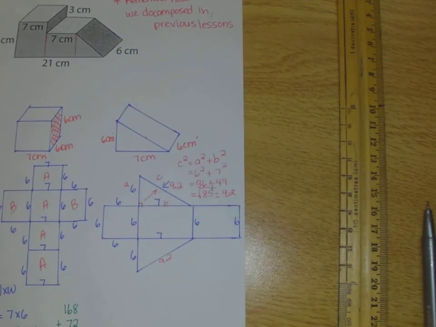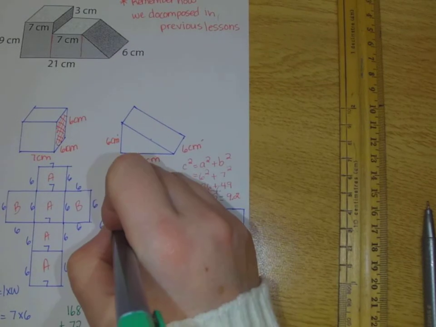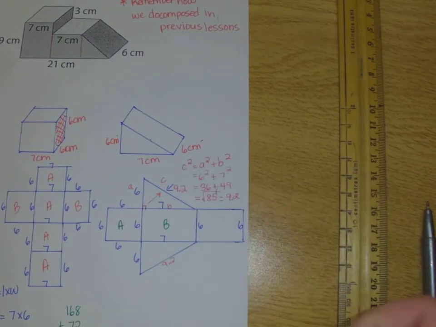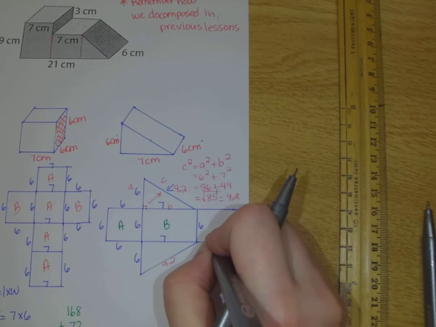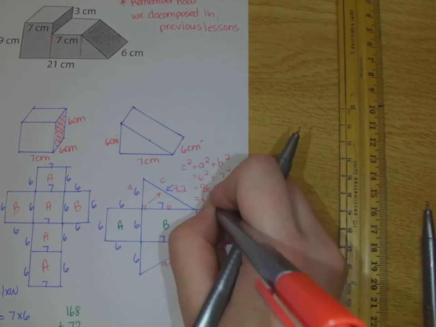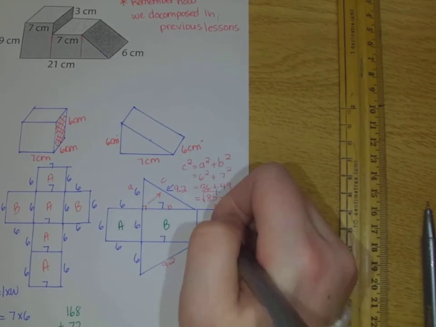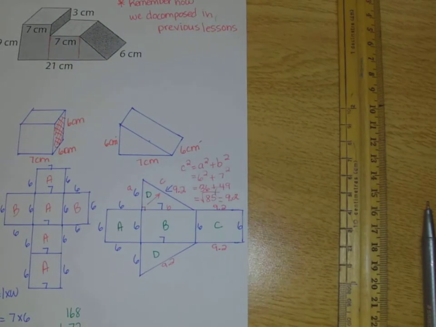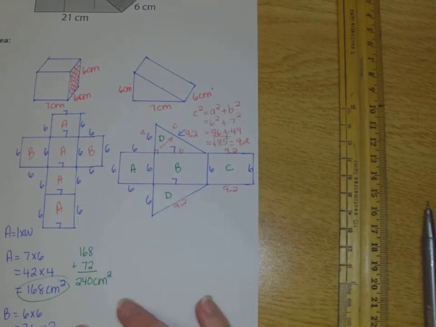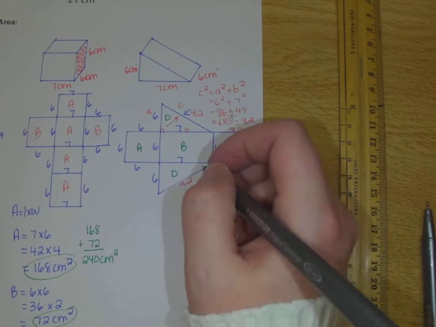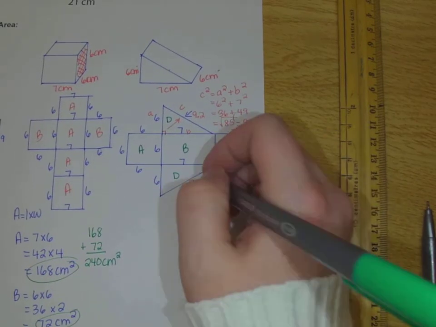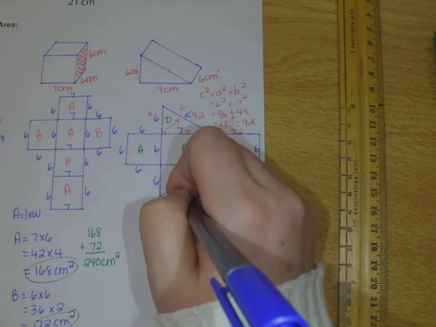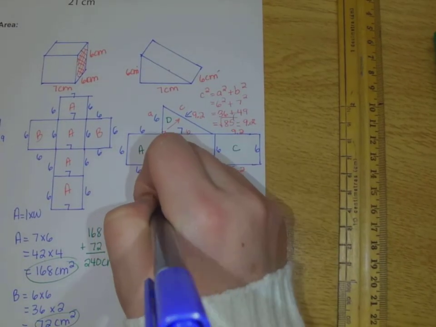Now let's label. So we have an A, a B, oh, and here we forgot to label, 9.2 and 9.2. We have a C, and then we have D and D. Okay? All right, so for A, B, and C, our formula is going to be area equals length times width.